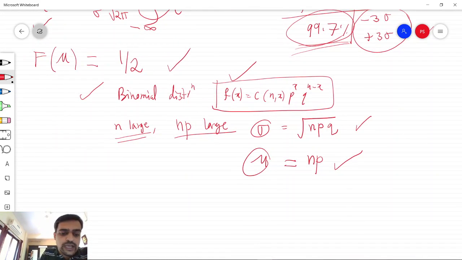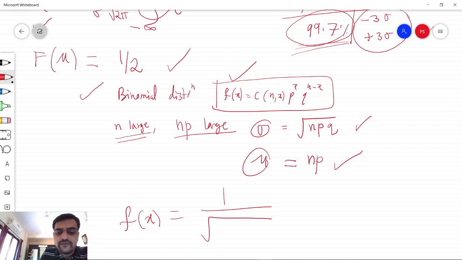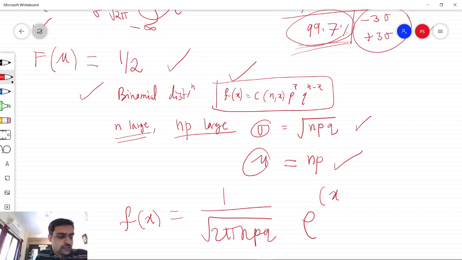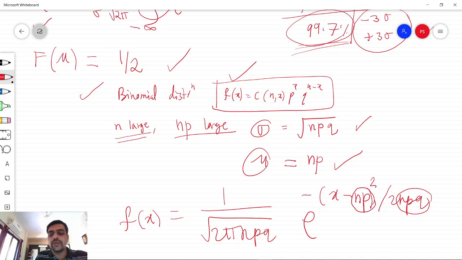So in that case, f of x is going to be 1 upon square root of 2 pi npq, where we are replacing sigma by square root of npq, into e raised to minus x minus np bracket squared upon 2 npq. npq is sigma squared and mu is np.